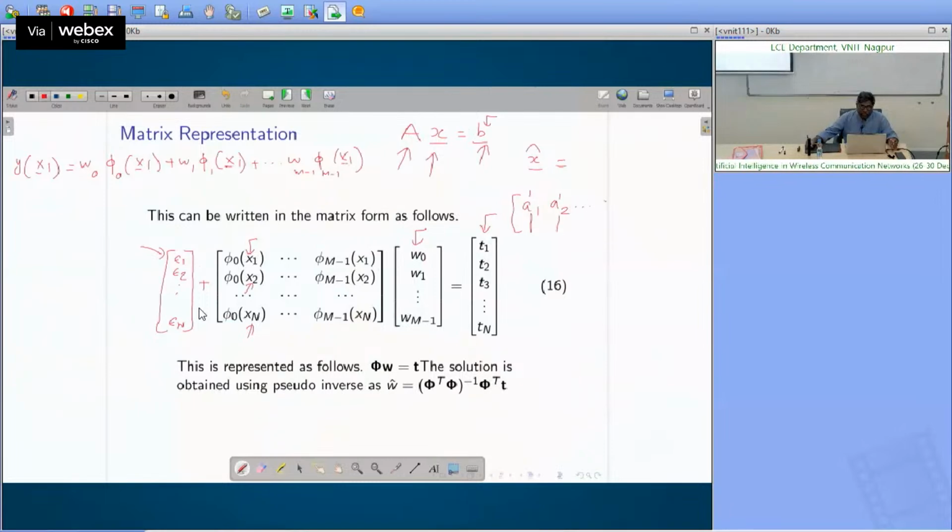Say, for example, in this case, there are going to be M column vectors available, and your unknown variables are the W's, W0 up to Wm minus 1, and the output is going to be T1, T2, and so on up to Tn. Each column is of size n cross 1. This matrix is of size n cross m, this is going to be m cross 1, and this is going to be n cross 1.